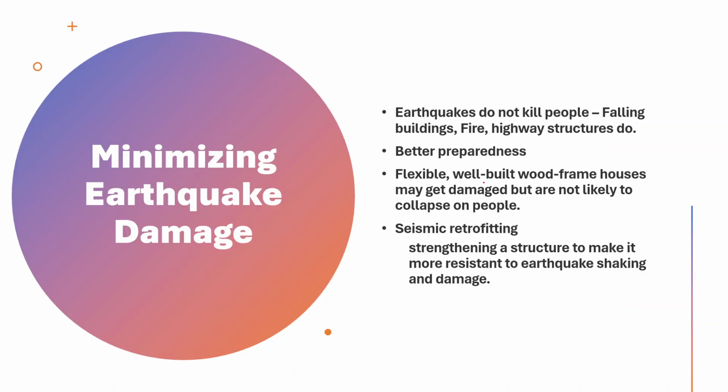So, minimizing the earthquake damage. Earthquake is going to strike. There is nothing that you can do to not let an earthquake strike, right? So earthquake will be there, but the better thing that you can do is minimize the damage caused by the earthquake. If you remember from the first session, I said you have natural hazard, you have natural disaster, you have a catastrophe.